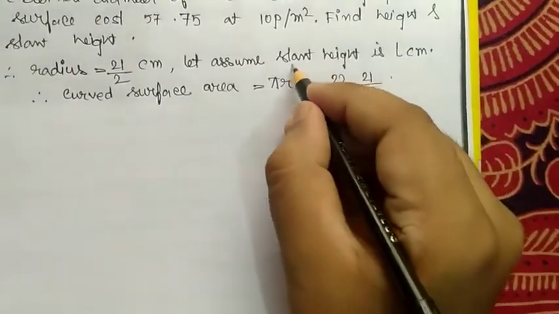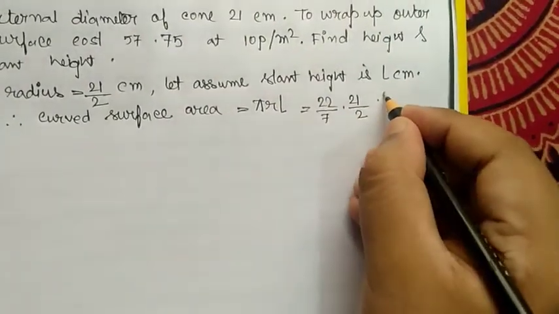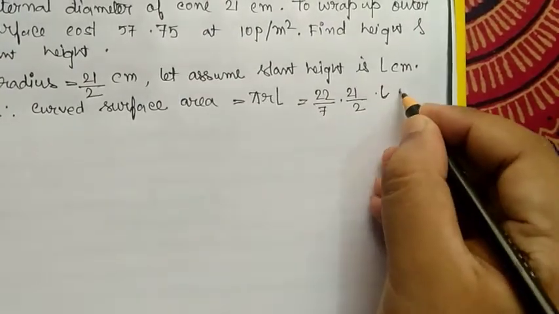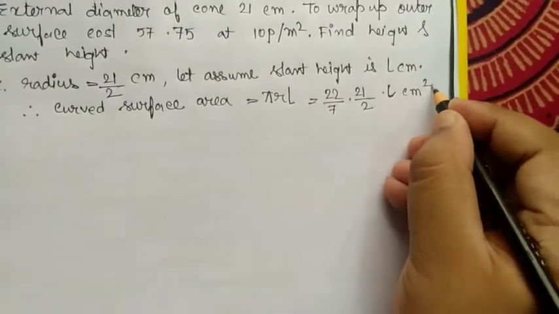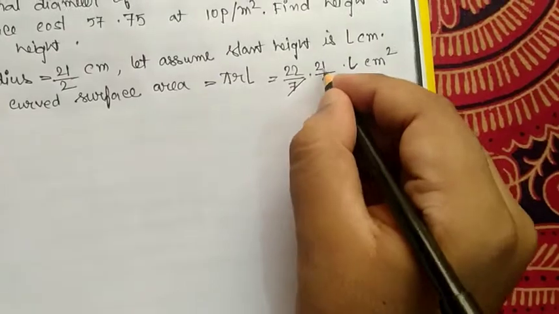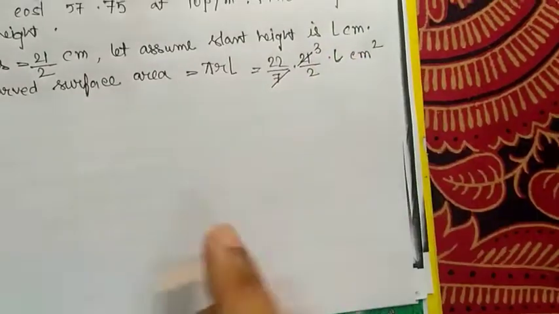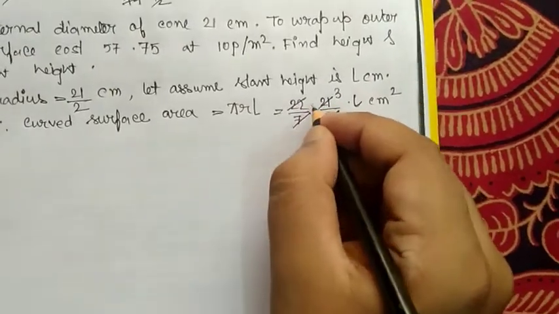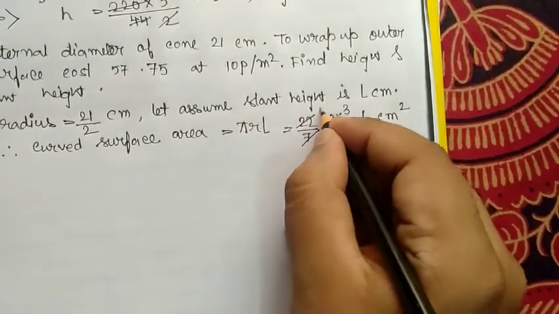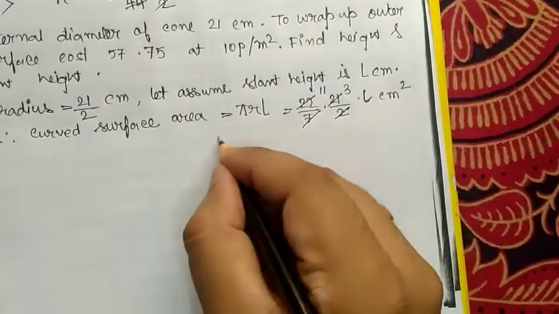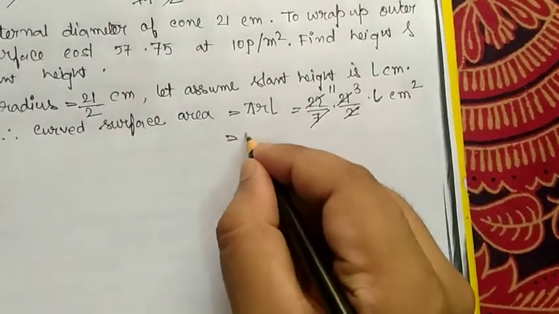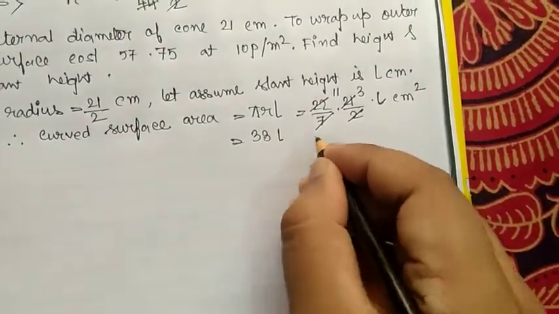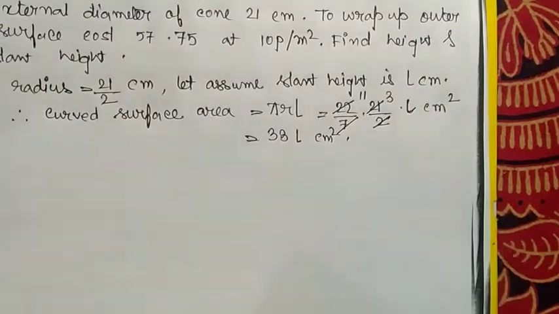So this remains as L centimeter square. After dividing 22 by 2 we get 11. So the answer is 11 into 3, 33 L centimeter square.